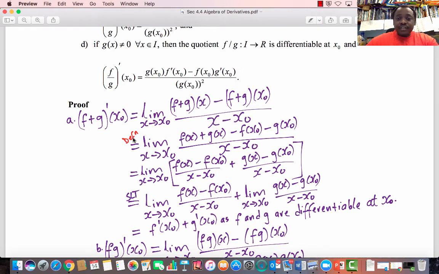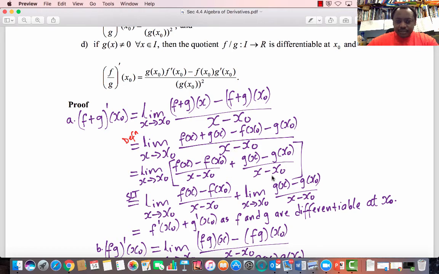By definition of addition of functions, this would be limit as x approaches x naught, f of x plus g of x minus f of x naught minus g of x naught divided by x minus x naught. And simple algebra breaks this down to limit as x approaches x naught of f of x minus f of x naught divided by x minus x naught plus g of x minus g of x naught divided by x minus x naught.